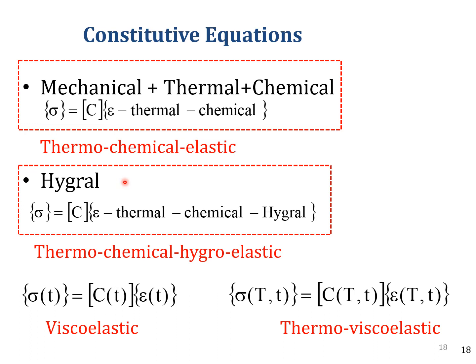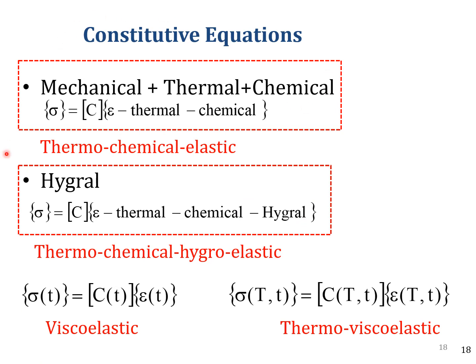Similarly, due to humidity, the materials expand as well. So if we want to consider the effect of humidity, then this approach or constitutive equation is known as the thermochemical and hygroelastic approach. And we will be considering the effect of temperature, the effect of shrinkage, and the effect of humidity as well.